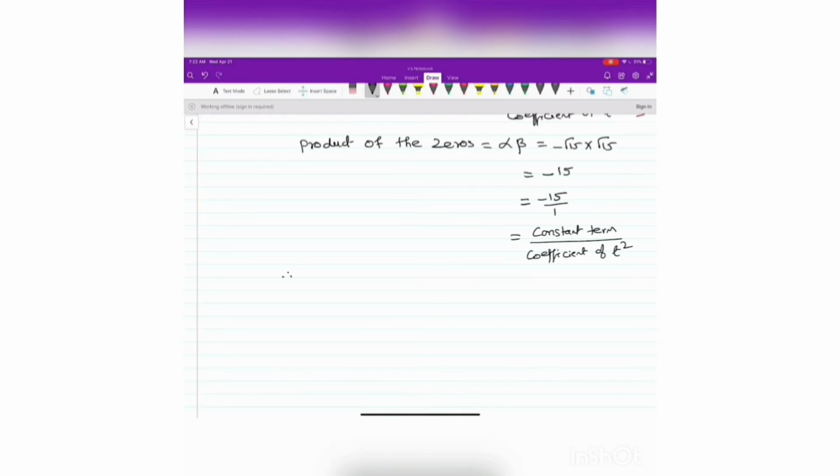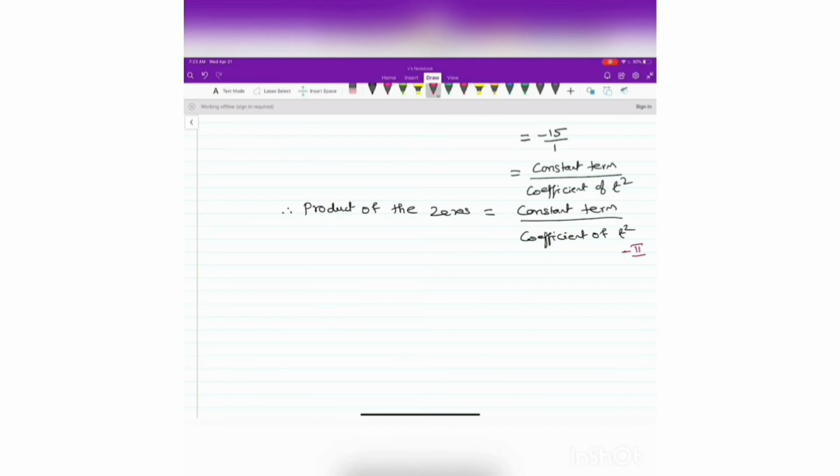So, therefore, product of the zeros is equal to constant term by coefficient of t square. So let me take the result what we have verified now as 2. Now our job is to write the answer for the second part.